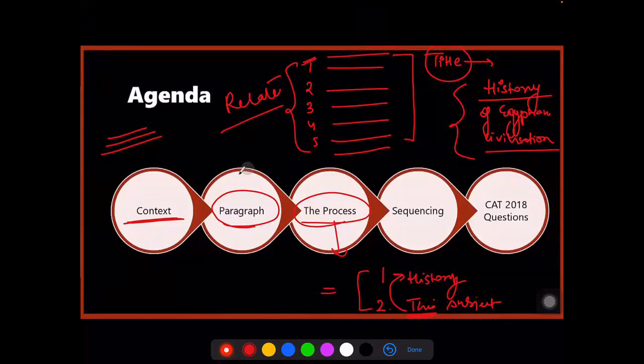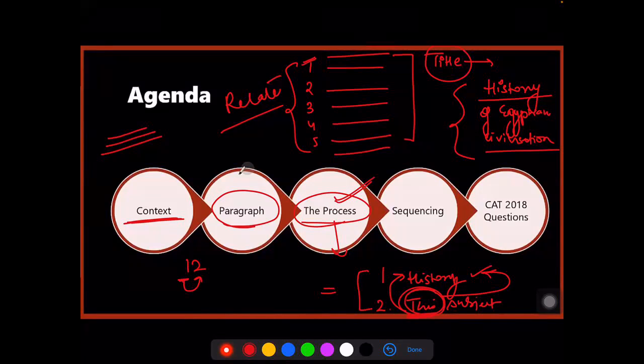So the first option in the para jumble will be 1 and then it will be 2 because history is related to this word, pronoun. This is a pronoun which actually depicts the word history here. So you need to process these kind of pronouns, these kind of subject verb agreement. You have to focus on the grammar part as well side by side while making any jumbled sentence, right?